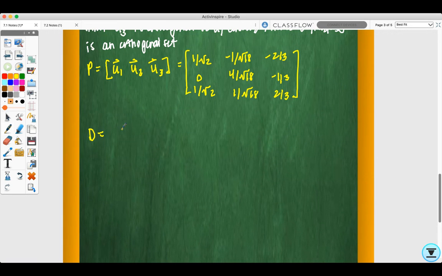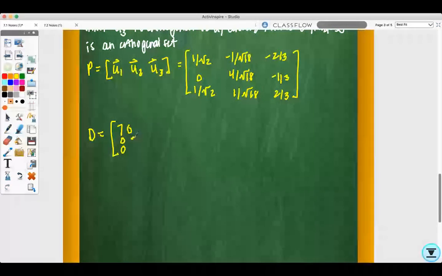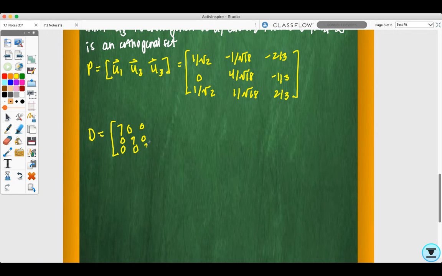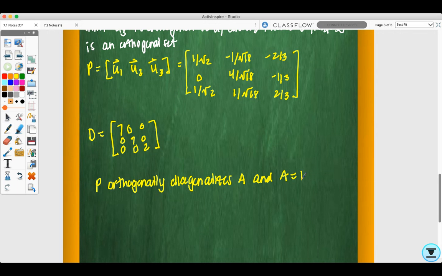D, from our eigenvalues, 7, 7, 2. And P orthogonally diagonalizes A. And A equals P D P inverse.